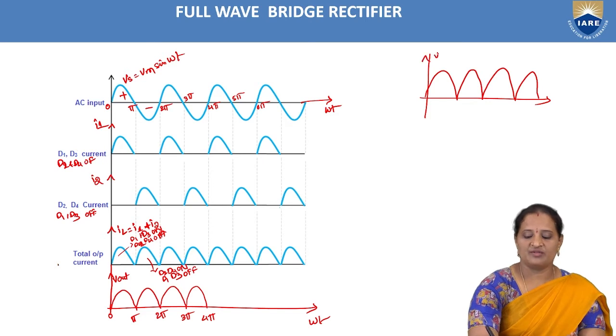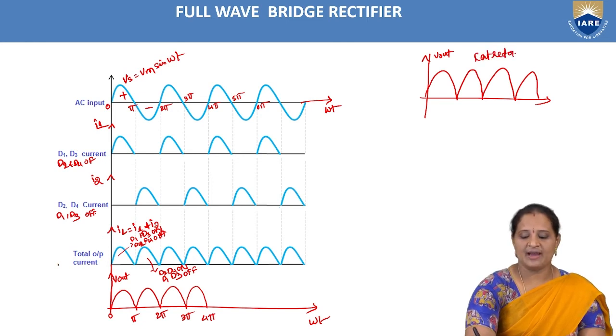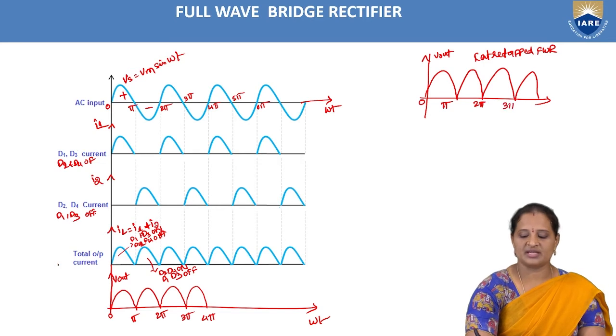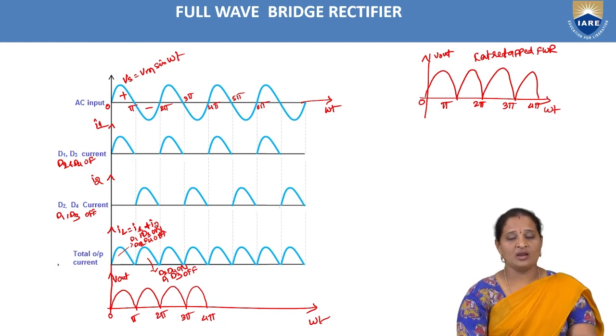This is V out, or the DC output measured across a load resistor in the case of the center tap full wave rectifier. If you compare the bridge rectifier output and the center tap full wave rectifier output, there is no difference. Both are identical.